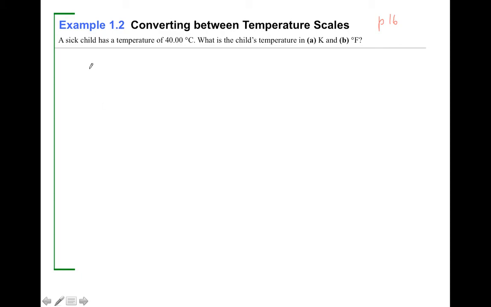All right, so a sick child has a temperature of 40 degrees Celsius. Temperature is equal to 40.00 degrees Celsius. Okay, what's the child's temperature, first of all, in Kelvin, and then in degrees Fahrenheit? All right.